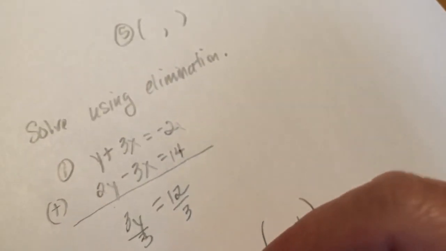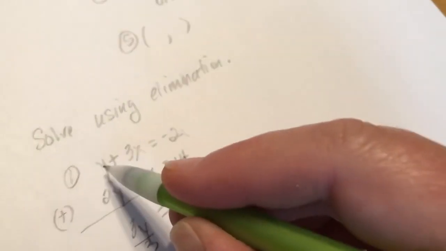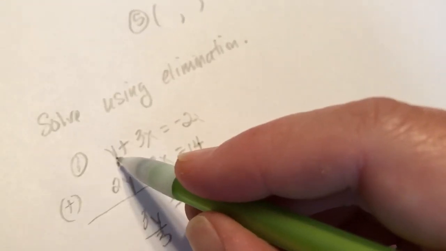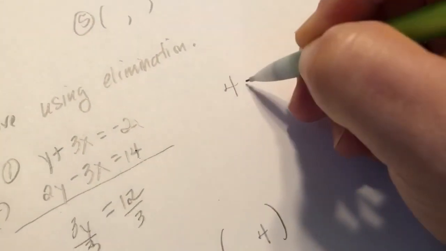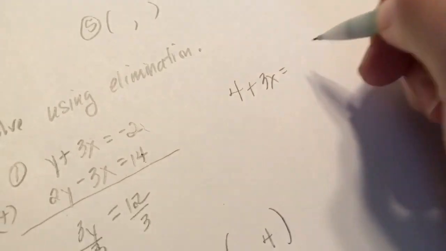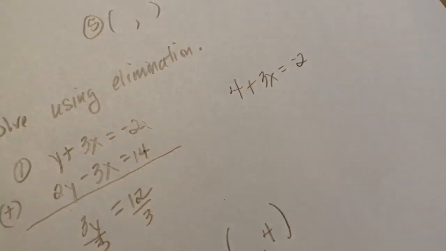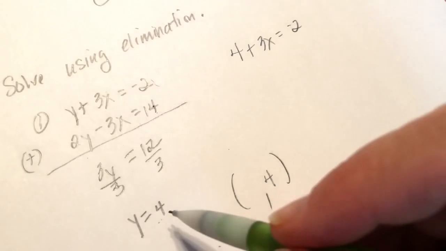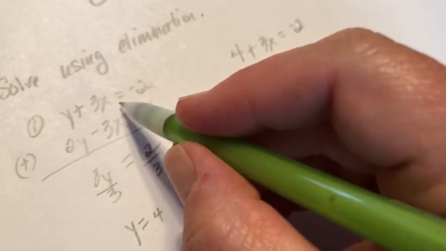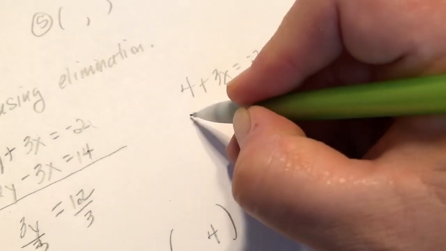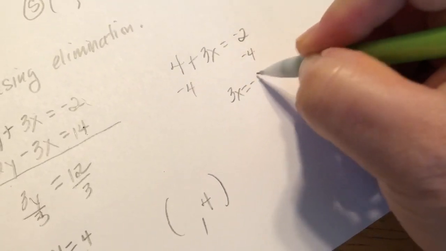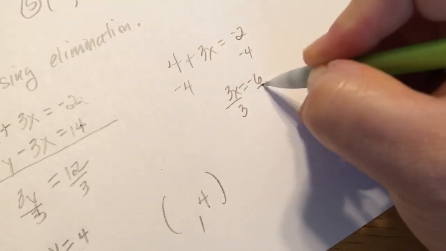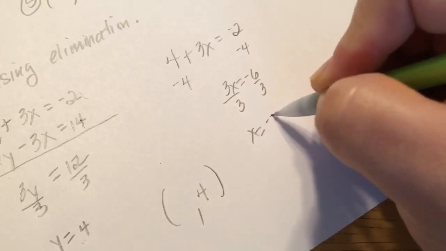So I'm going to plug 4 in for y. So instead of writing y, I'm going to write 4 plus 3x equals -2. That's all I did. I plugged my value into the equation. Now I just have an x, so I solve for that x and divide to finish solving. So x equals -2.